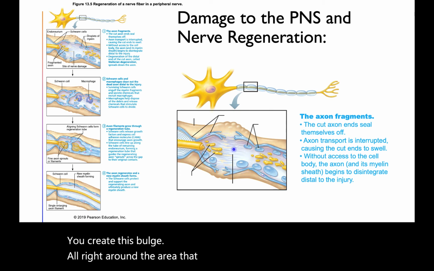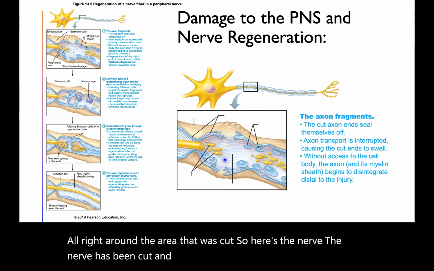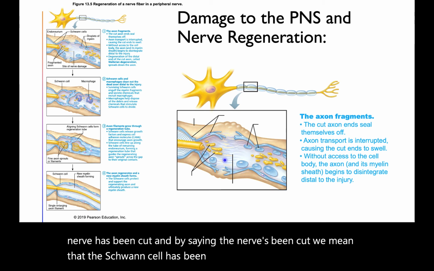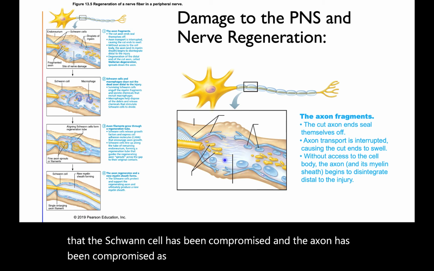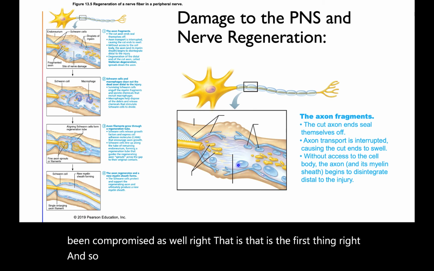So here's the nerve. Right? The nerve has been cut, and by saying the nerve has been cut, we mean that the Schwann cell has been compromised and the axon has been compromised as well. Right? That is the first thing.